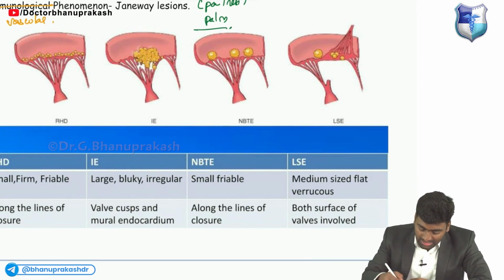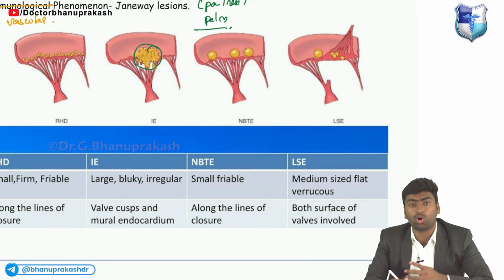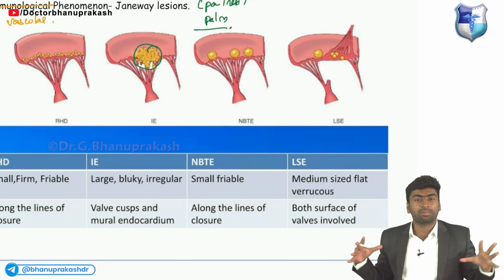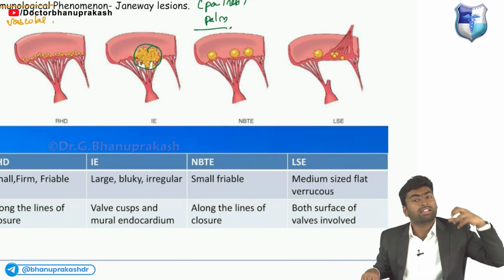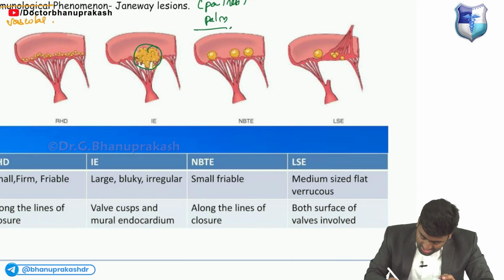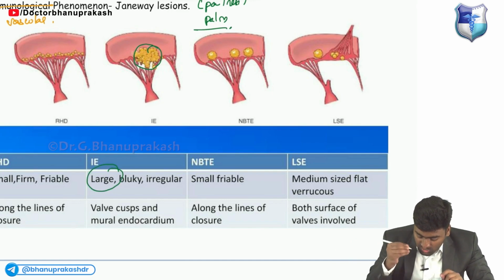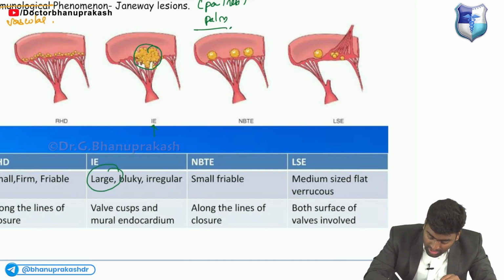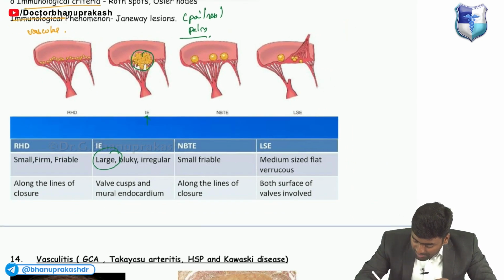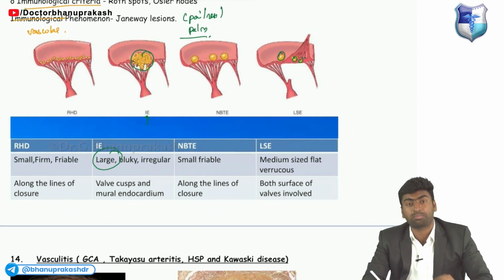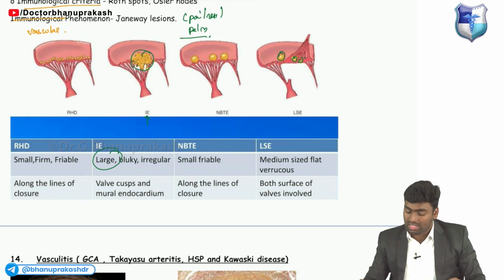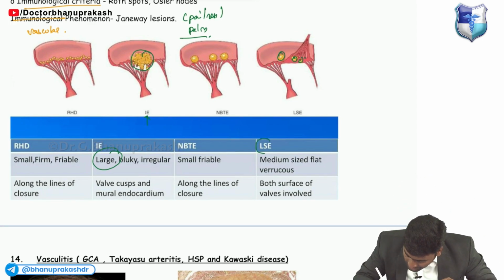And next, how will you differentiate based on the type of lesions? As I told you, in infective endocarditis there will be large lesions. Sometimes they will break into small pieces and cause emboli. So if you see a large bulky lesion, it is infective endocarditis. Whereas if the lesions occur on both sides of the valve, above and below, it is known as Libman-Sacks endocarditis.